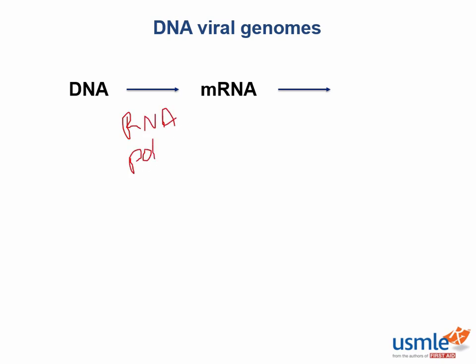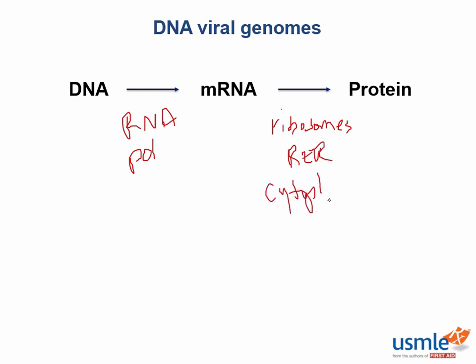Then, once mRNA is made, it leaves the nucleus and then is translated into protein. This process, as I mentioned, occurs outside of the nucleus by the ribosomes, either in the rough endoplasmic reticulum or in the cytoplasm. Very good. Bring back some cell biology here. Once the proteins have been made, they are then assembled and brought together to form the virion.